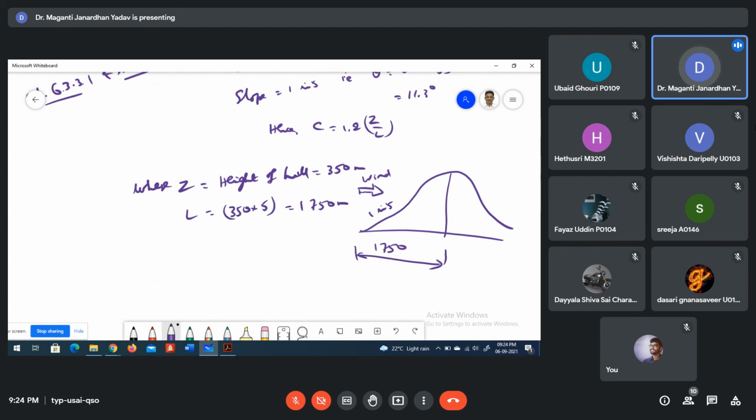The wind is like this. The slope is 1 in 5, and if the height is 350 meters, and the length will be... Is it correct?